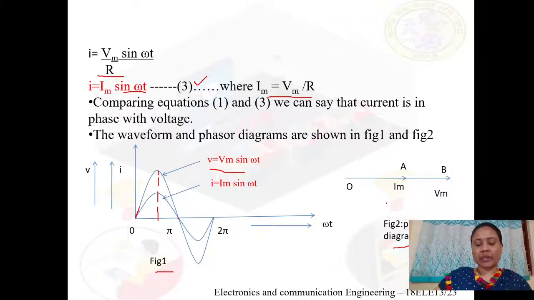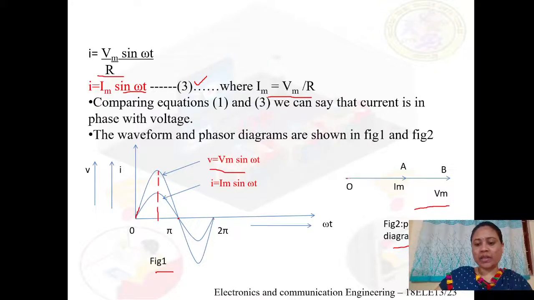Now let us represent both voltage and current in a phasor diagram, or a vector diagram. In order to draw the vector diagram, we have to take the maximum value of the quantity, voltage or current, as the length of each vector. Here we will represent voltage along the x-axis because we assume the phase angle of V as 0, and the phase angle of I is also 0 because they are in phase.